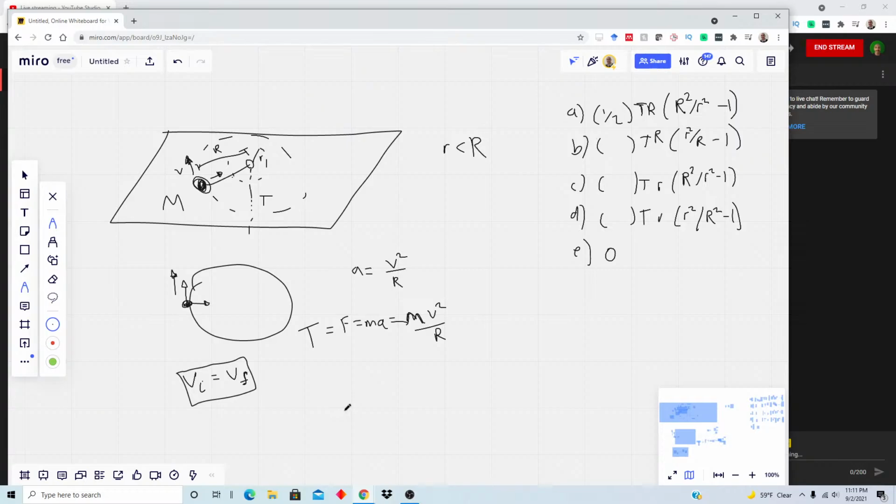Because there is work being done as you pull this in. As there is a change, there is a force being applied on this and a distance because you're pulling this in. But I don't see the kinetic energy changing. Oh man, we might have gotten stumped.